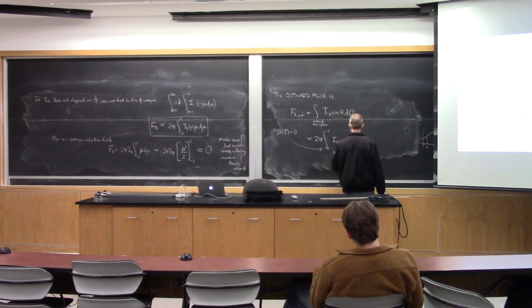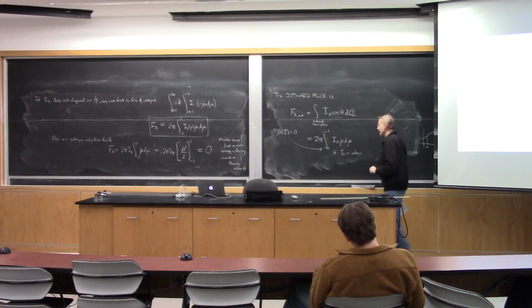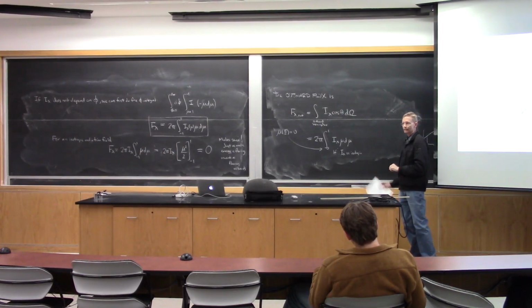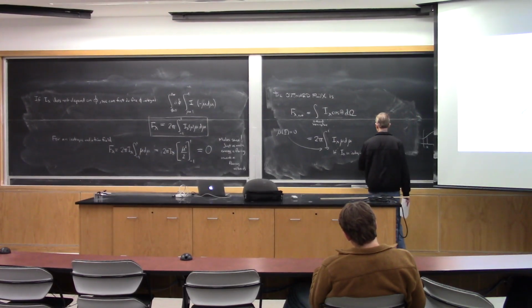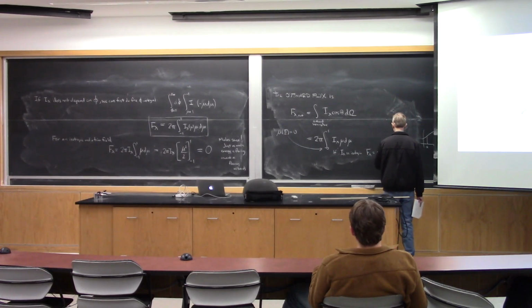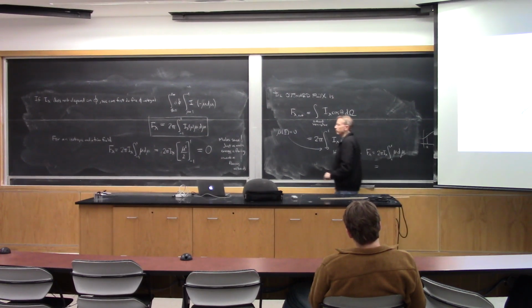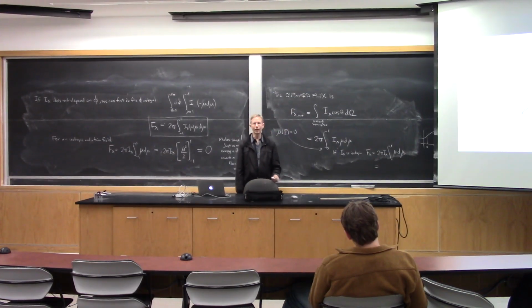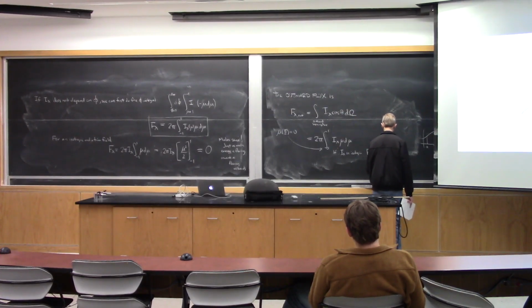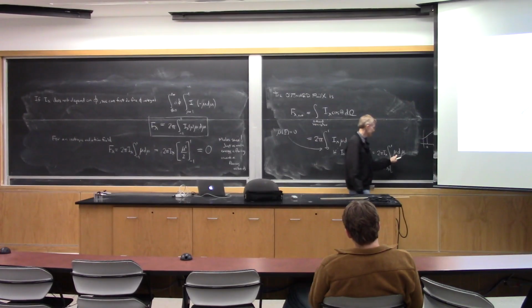If I lambda is isotropic, what can I do with it? Take it out of the integral. It's a constant, so I can pull it out. Then F lambda will be 2 pi I lambda times the integral from 0 to 1 of mu d mu.